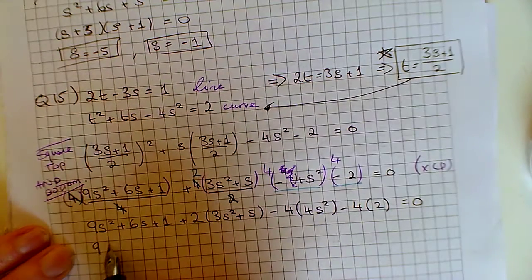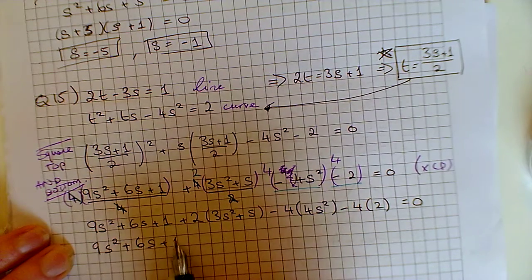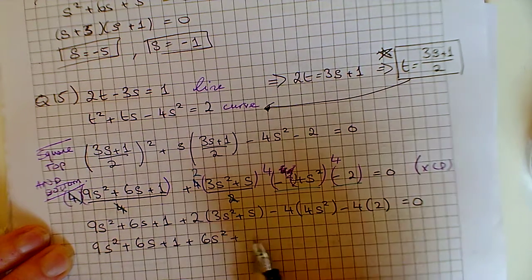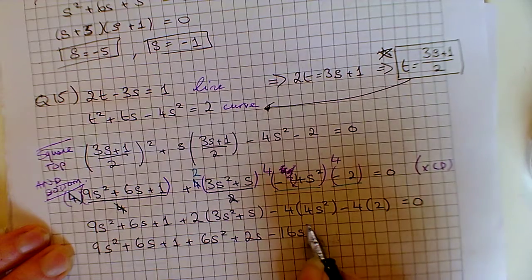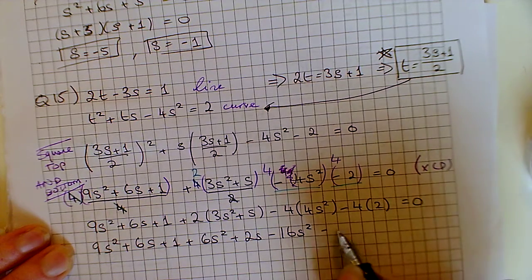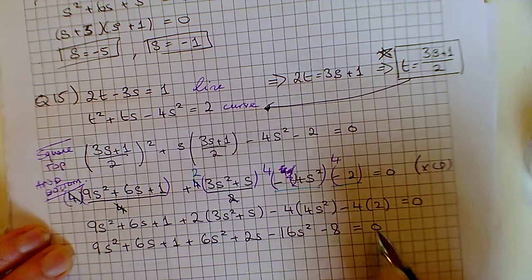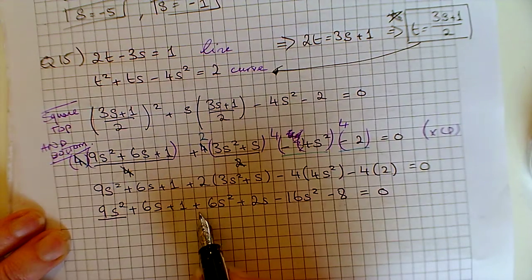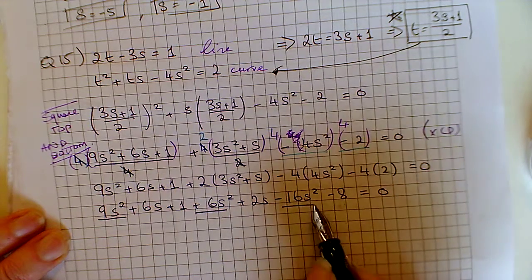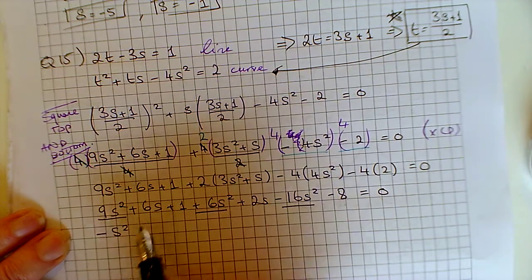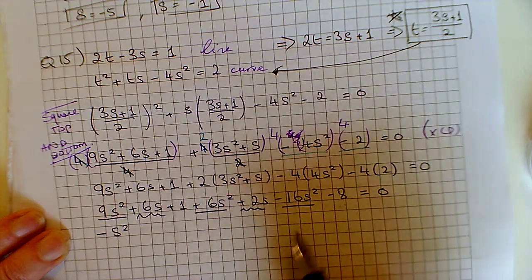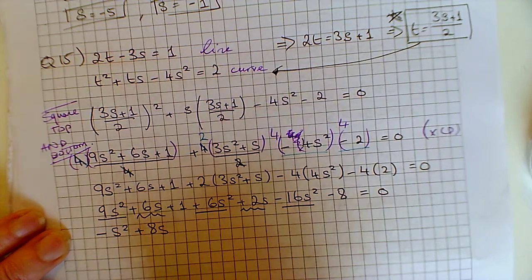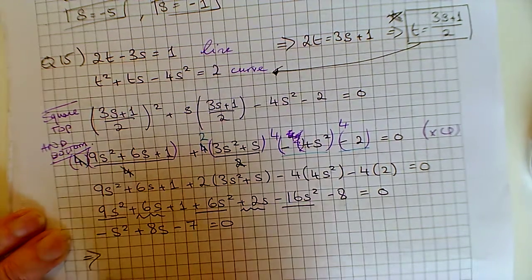Multiply everything out and bring my like terms together. So 9s squared, 6s, 1, 6s squared, 2s, minus 16s squared, minus 8 equal to 0. And then I must do my like terms. So 9 plus 6 minus 16 is minus 1, so minus s squared, 6s plus 2s is 8s, 1 minus 8 is minus 7, and we'll change the signs.